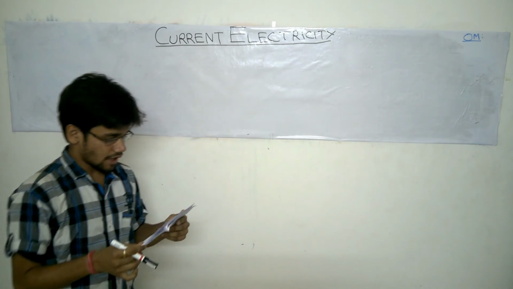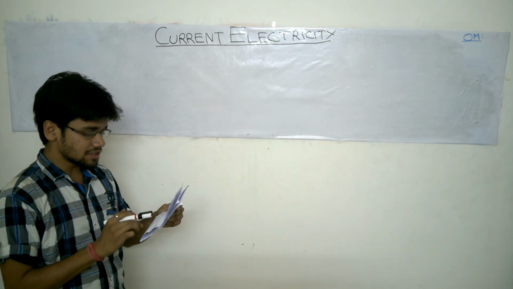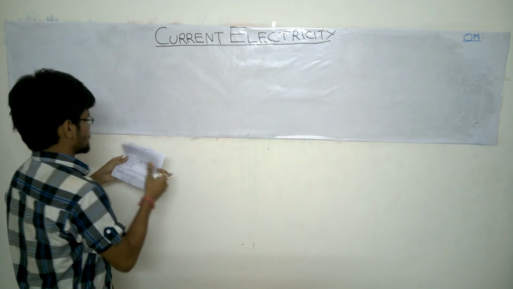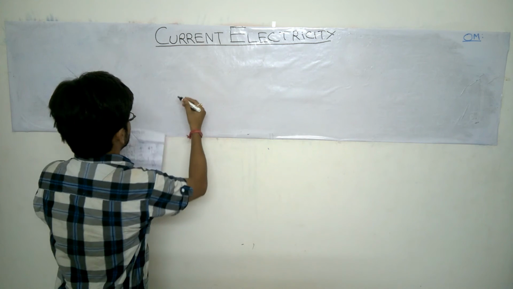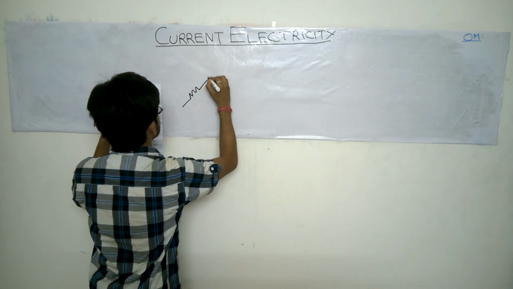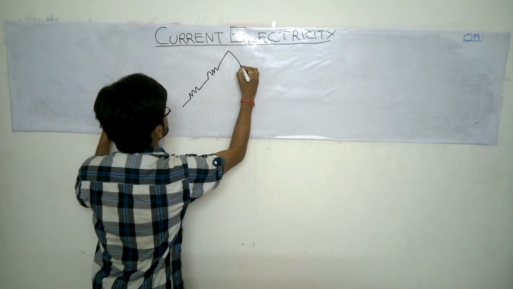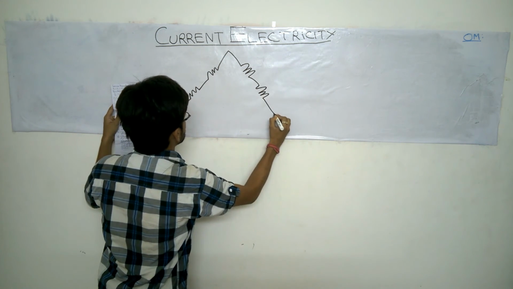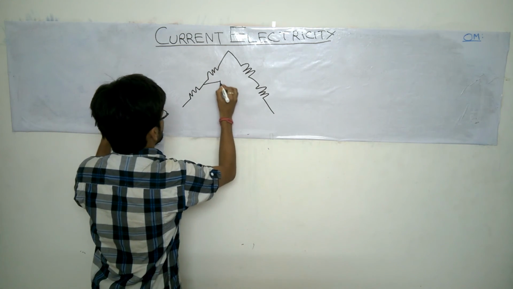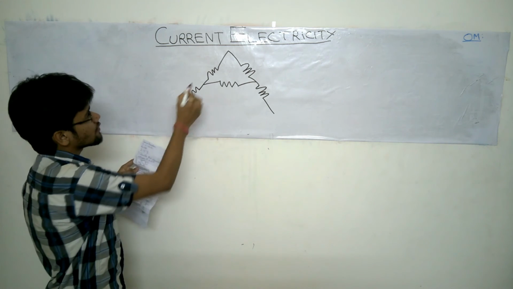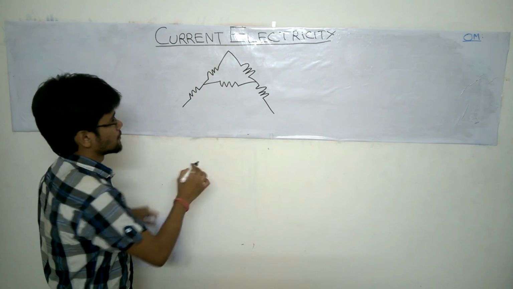So the question is: calculate the resistance when five resistors of 3 ohms are connected as shown. So let me draw the figure first. We have 5 resistances connected in this form. Okay, and the value of each resistor is 3 ohm.